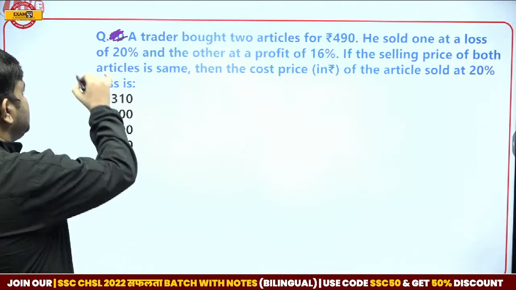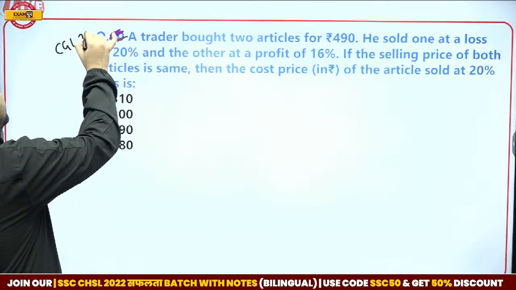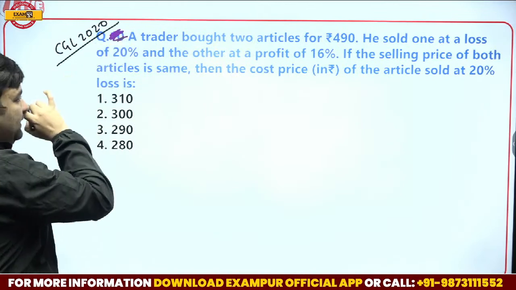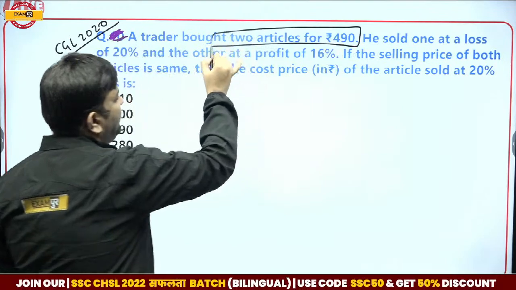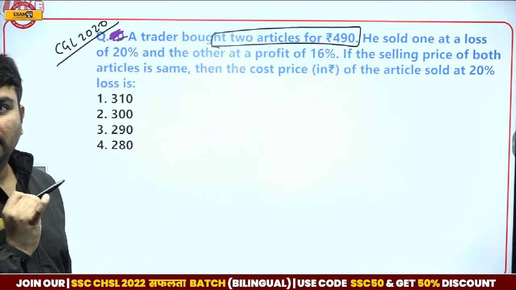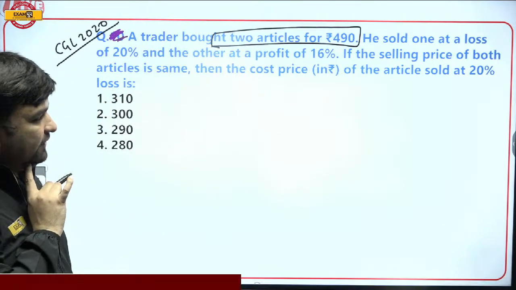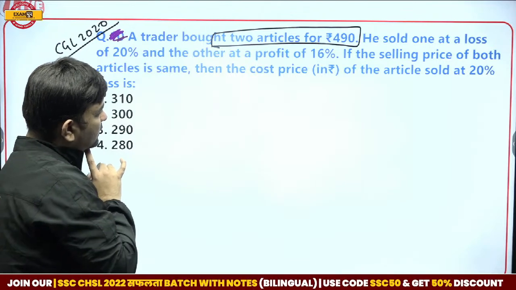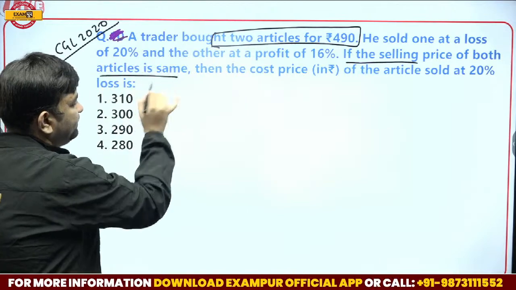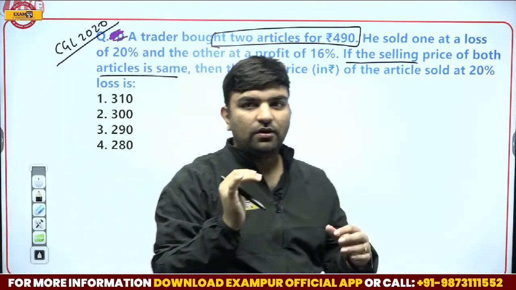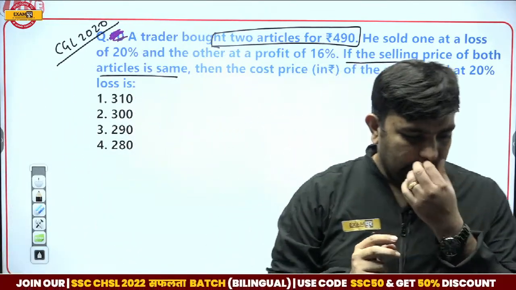The variety is there, guys. The variety is that the combined CP is given, and it says that the selling price of both is the same. Then what is the cost price of one of those?